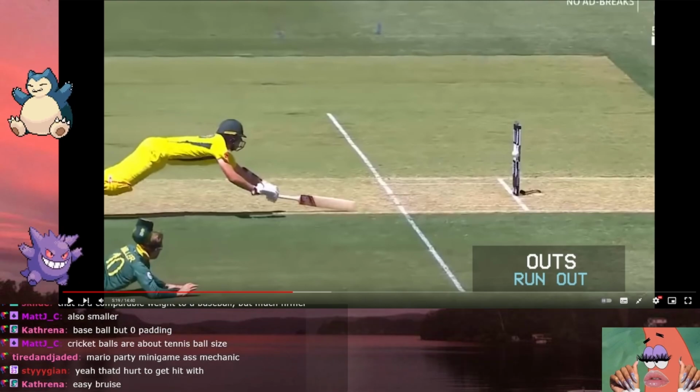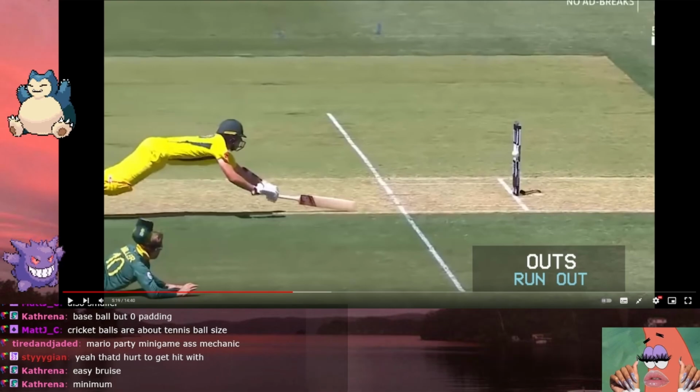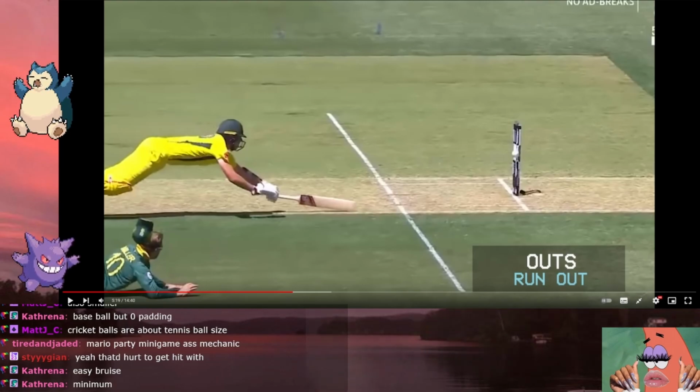There is a technique to catching the ball, because you don't use gloves in the outfield in cricket. You spread your hands as wide as they can go, first of all for surface area for catching, but also to make your hands quite loose.